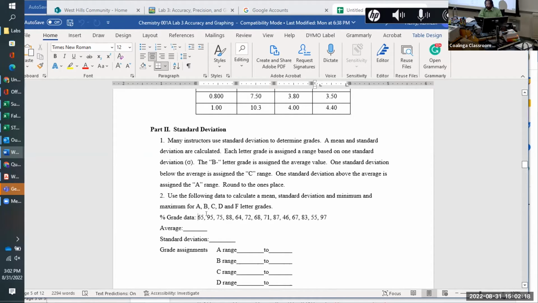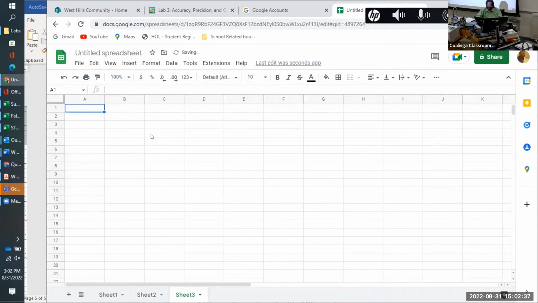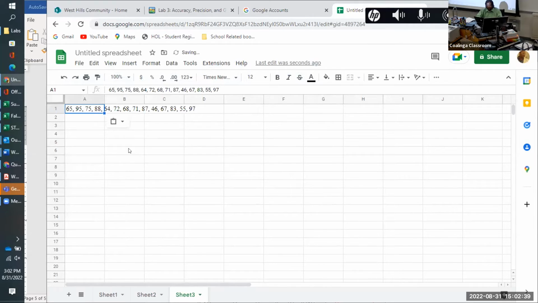Okay, so we have those grades, right? Copy, and then I probably have to re-enter it. You guys want to calculate the standard deviation by hand? Oh, you don't? Alright, you guys are so fun. Sheets does it. Yes, it does. Yeah, unfortunately, we don't have a nice little table.